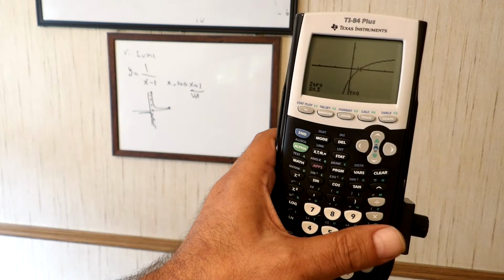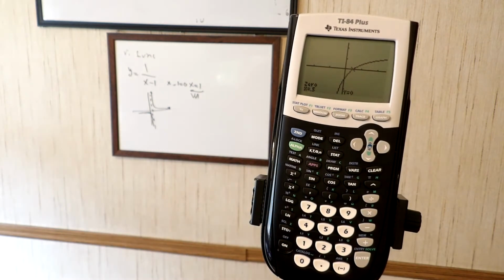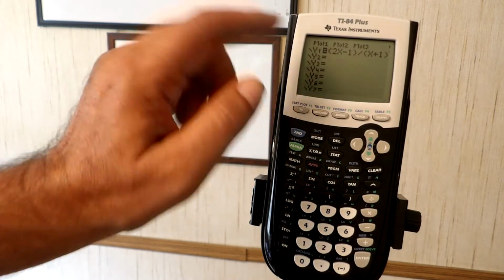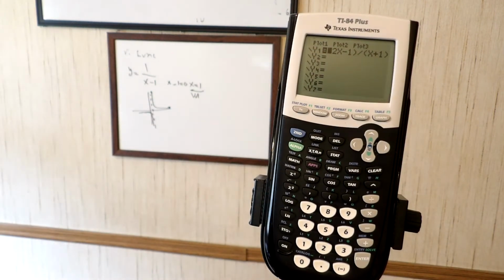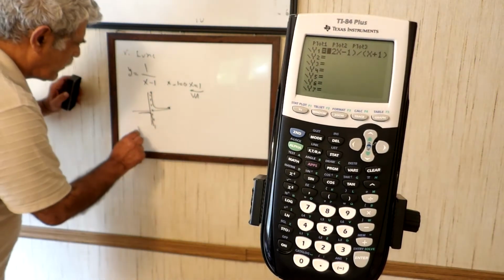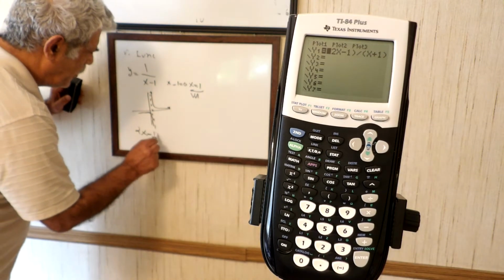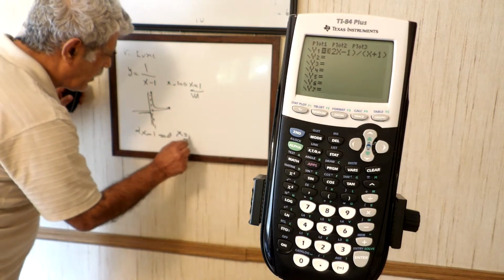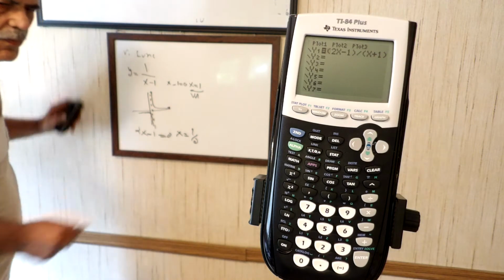It is equal to 0.5. What it means is that if we set the numerator 2x minus 1 equal to 0, x is equal to 1 over 2, where it intercepts the axis.